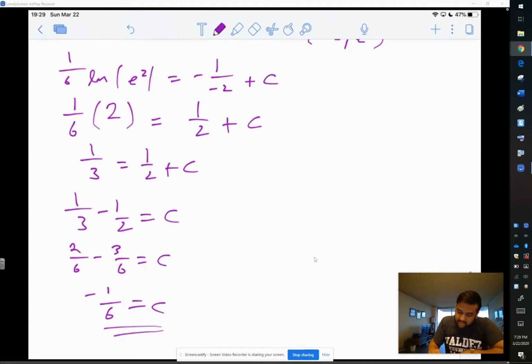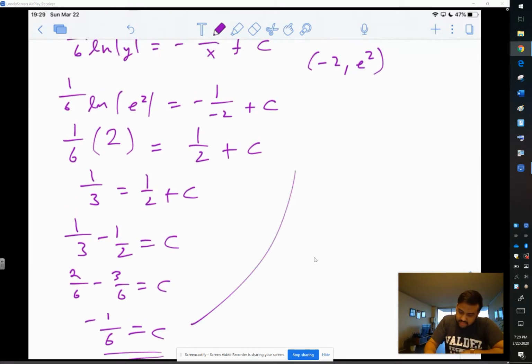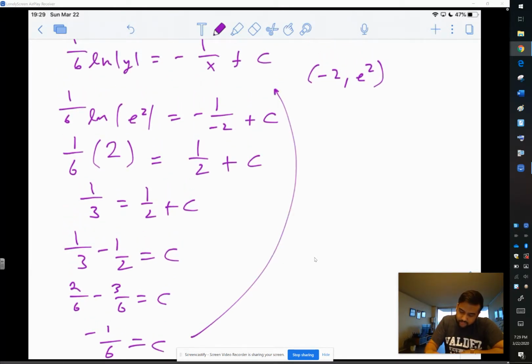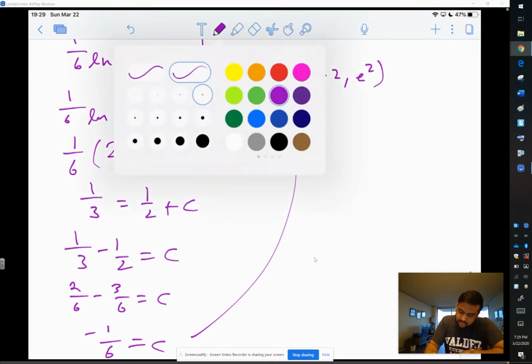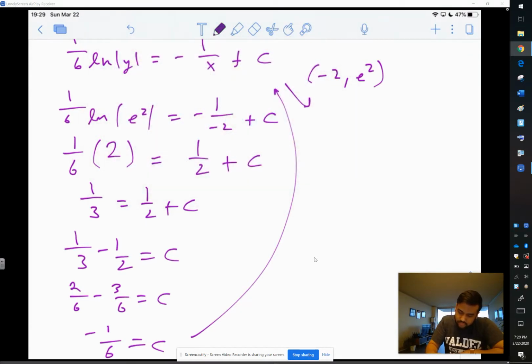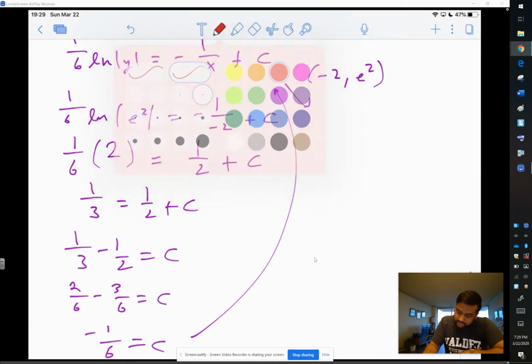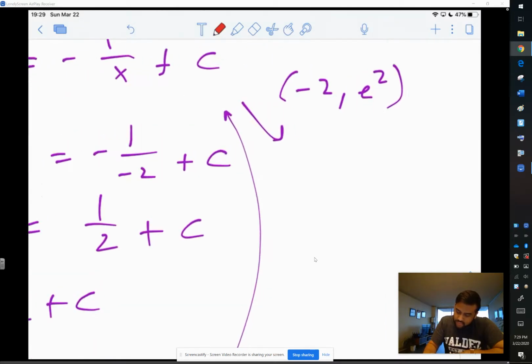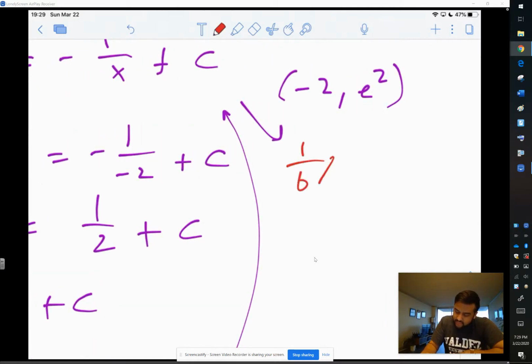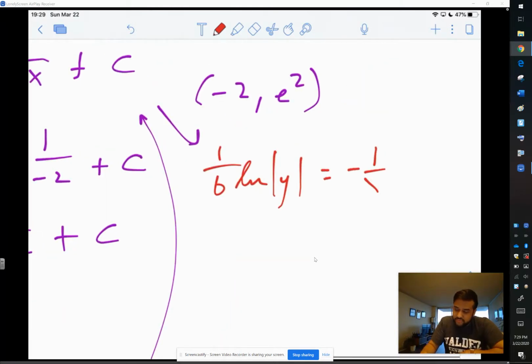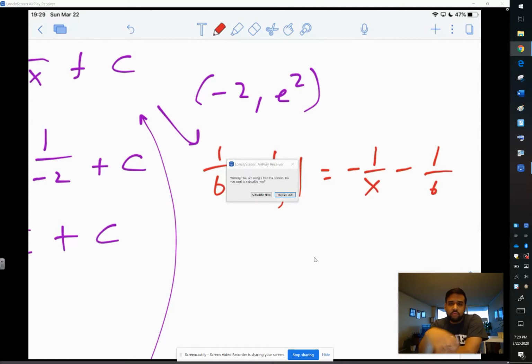Plugging that in to here will give us, let's use red, 1/6 ln of the absolute value of y equals negative 1 over x plus c, which was negative 1/6. So our final step here is to solve for y. Y is currently trapped by the natural logarithm. It's ln of y.